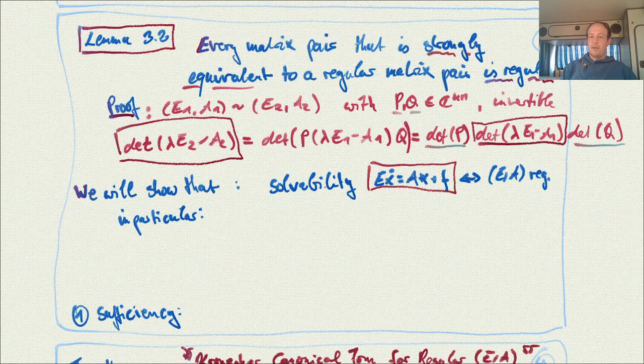So for regular matrix pairs, it makes sense to investigate solvability in a very general case. Of course, there are always some specially constructed cases where things look different, but the general case of solvability requires that this pair E, A is regular.